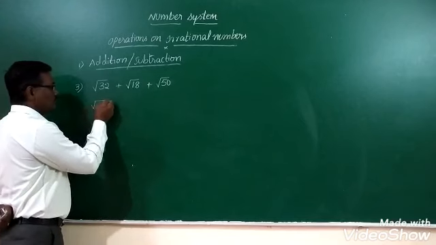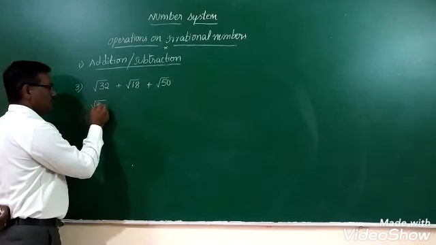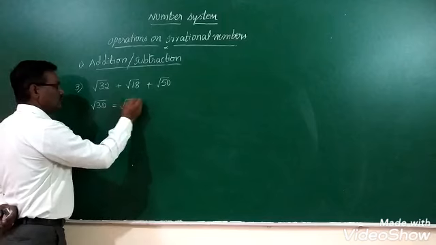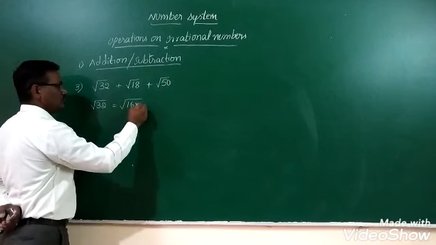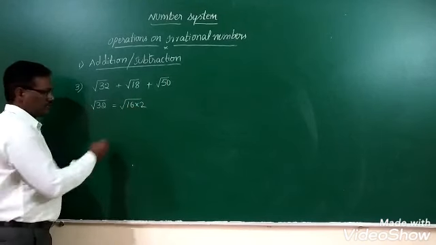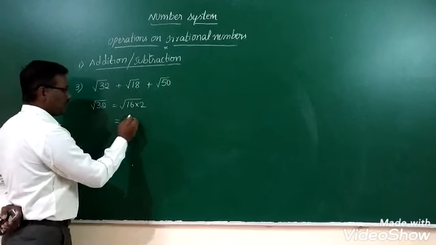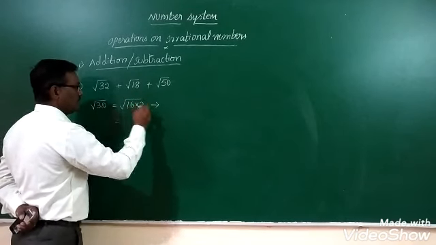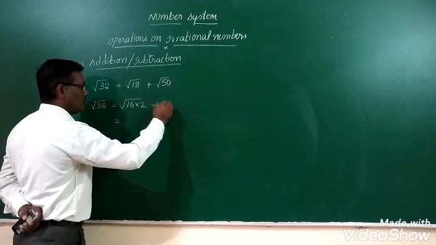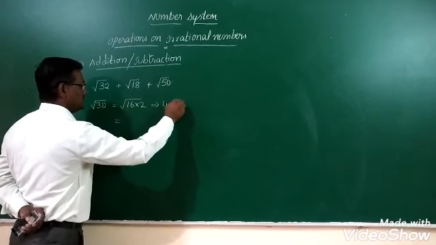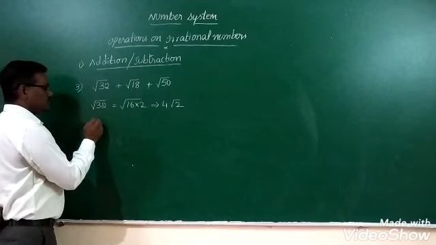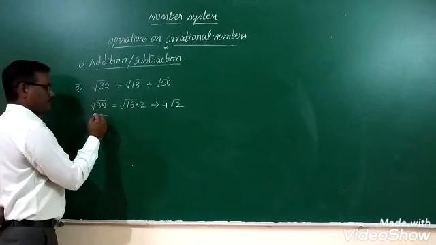Root 32, I can mention root of 16 into 2. 16 times 2 is 32. Root 16 value, yes, I will mention here. Root 16 value 4 and root 2 as it is. Next, root 18.